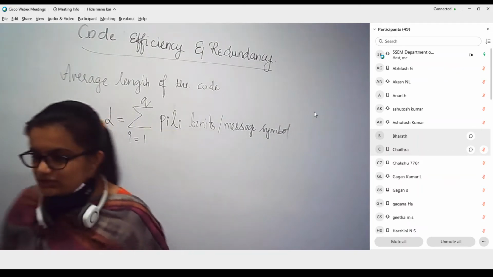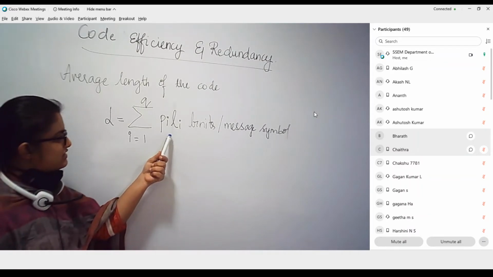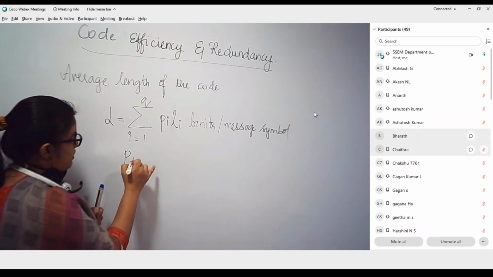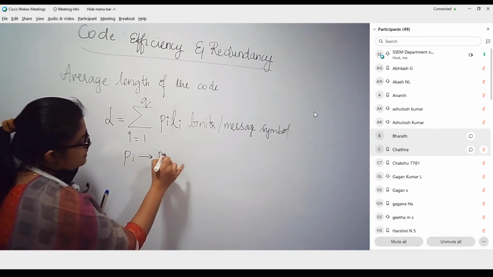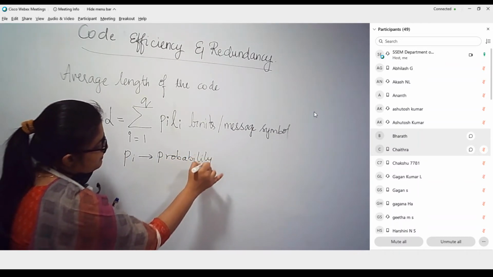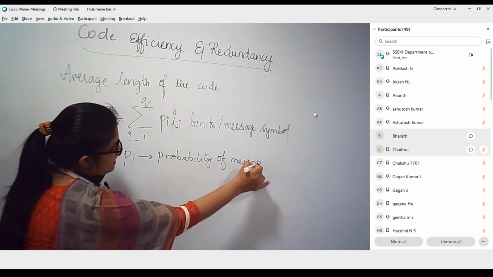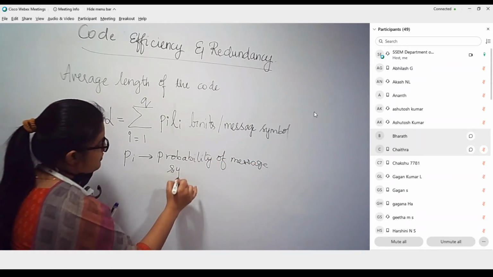So what are the variables here? What are the terms that are present inside this? Pi is the probability of the message symbol.